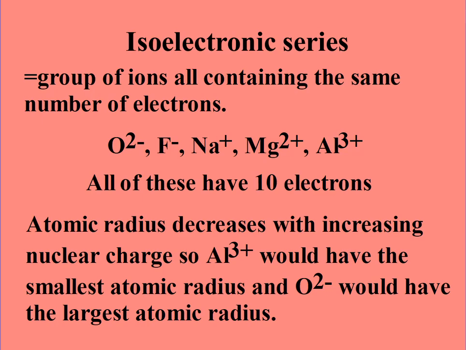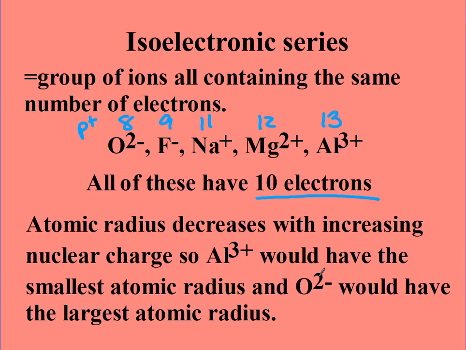Earlier, we talked about isoelectronic. We said that it was the same number of electrons. So isoelectronic, a group of ions all containing the same number of electrons. All of these have 10 electrons, but it's the protons that are different. Oxygen has 8 protons, fluorine 9, sodium 11, 12, and 13.